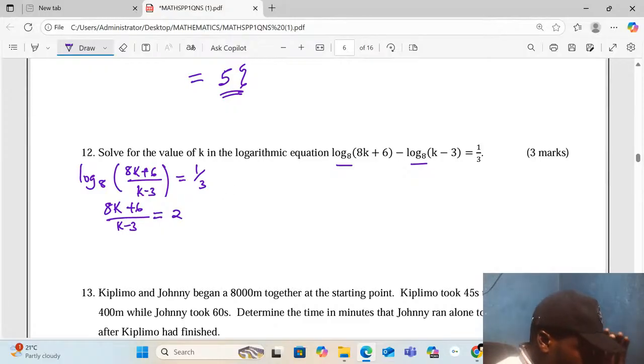We've dropped log 8. Now we find the value of k. You can say over 1. Then we cross multiply so that we have 8k plus 6 is equal to 2k minus 6.